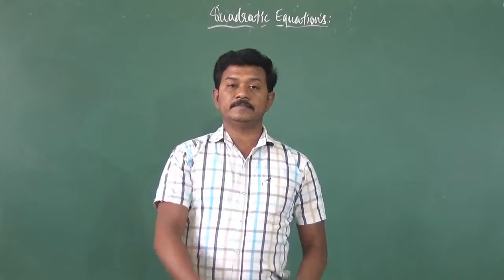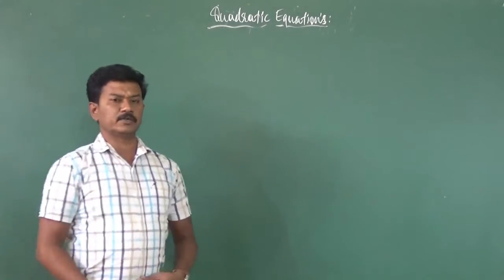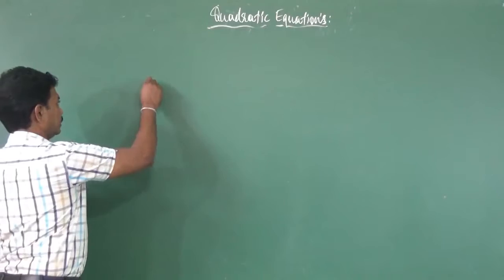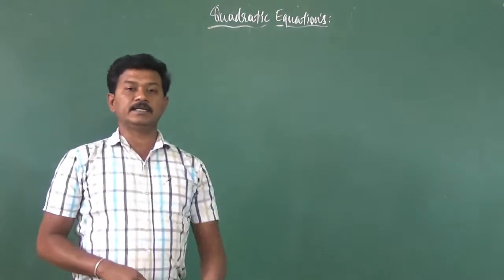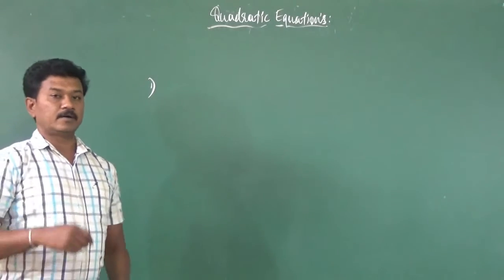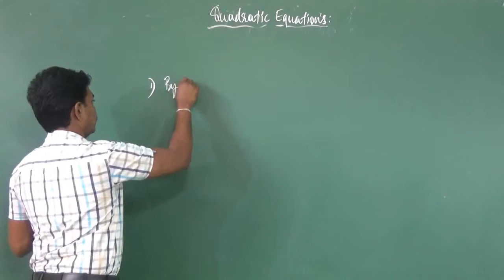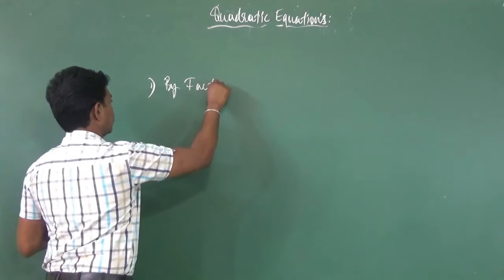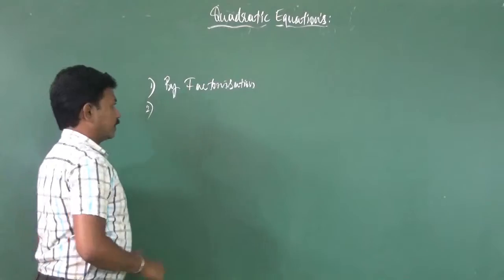So in this session I will tell you how many methods there are for solving a quadratic equation. Usually the first is a very simple method which you have already studied, called the sum and product method, or the method of factorization. This is a method of solving a quadratic equation.